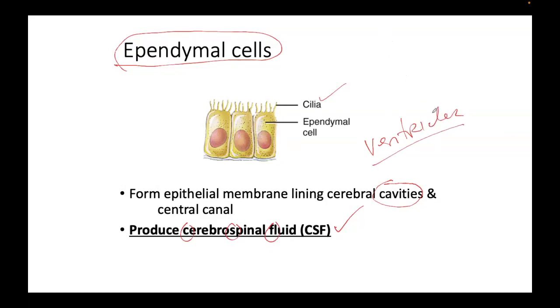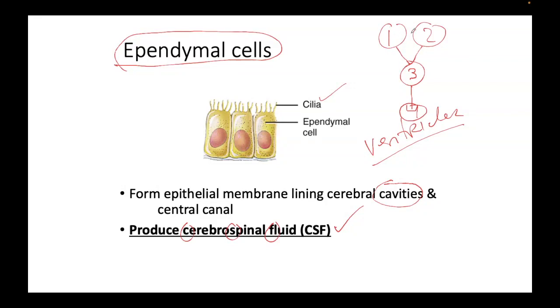And within the brain, we have this ventricle system where we have lateral ventricles 1 and 2, and then they are going to come down into ventricle 3, and then eventually into ventricle 4.